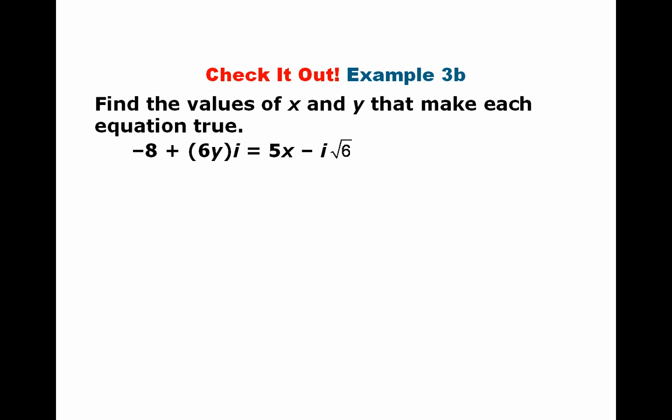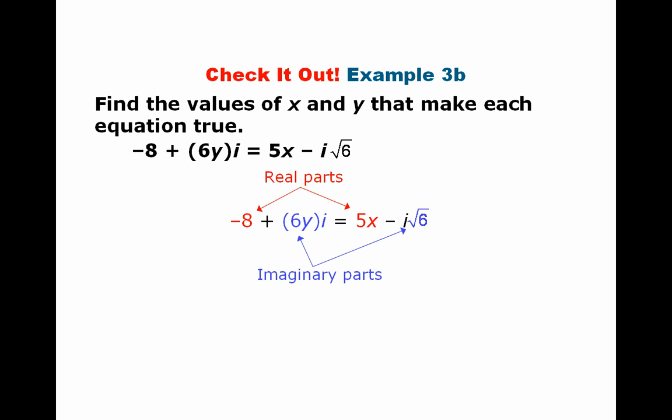We have negative 8 plus 6yi equals 5x minus i times the square root of 6. Sorry about the bell. Then again, figure out what your real parts are and then the imaginary parts, and set the real parts equal to each other to solve for x. So you get negative 8 equals 5x, so x equals negative 8/5.